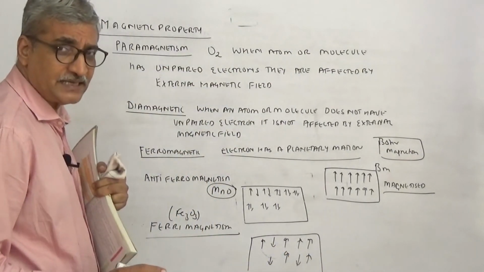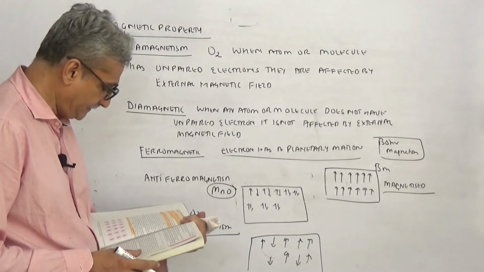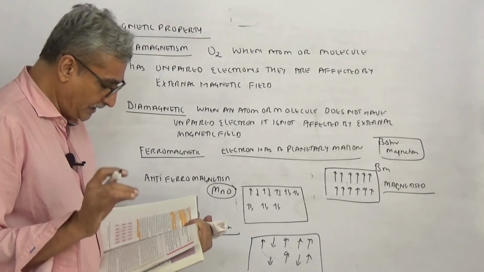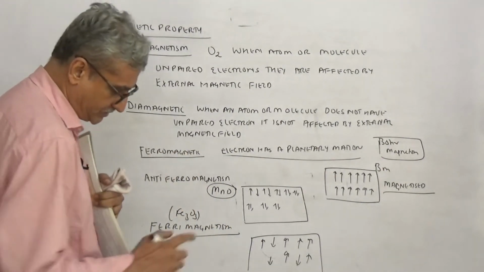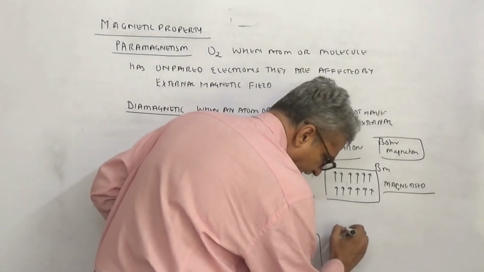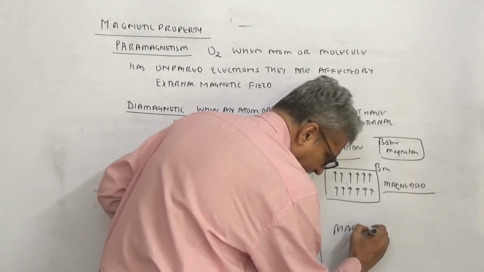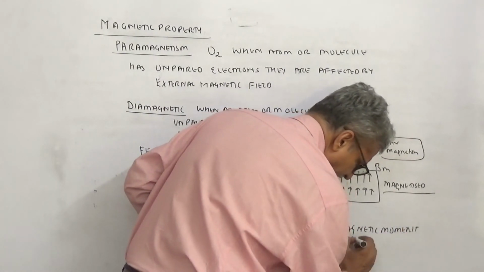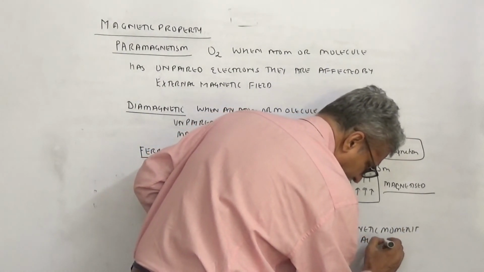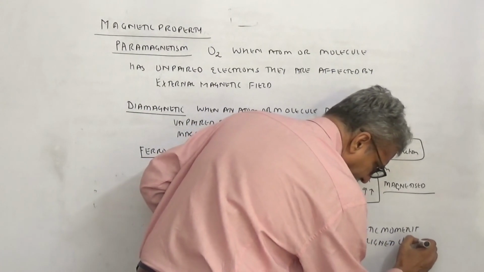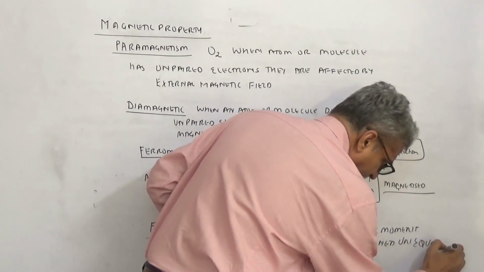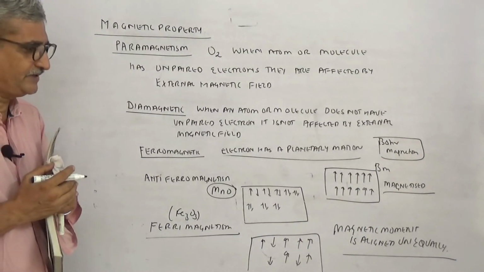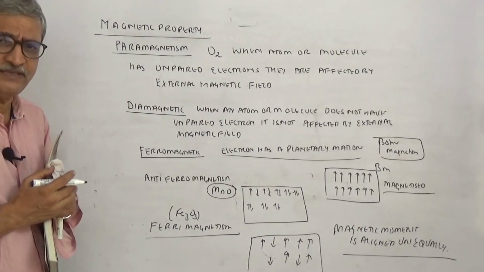It is not equal, it is unequal. The definition is: when magnetic moments are aligned in parallel in unequal numbers, the magnetic moment is aligned unequally, so slight magnetism will be there.